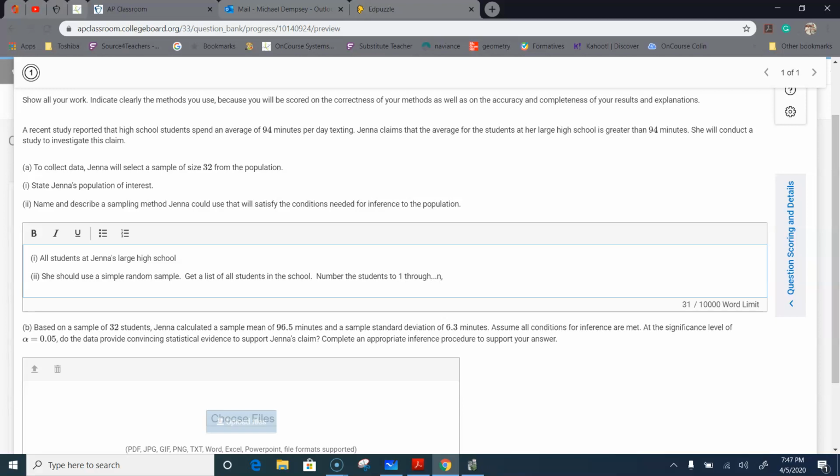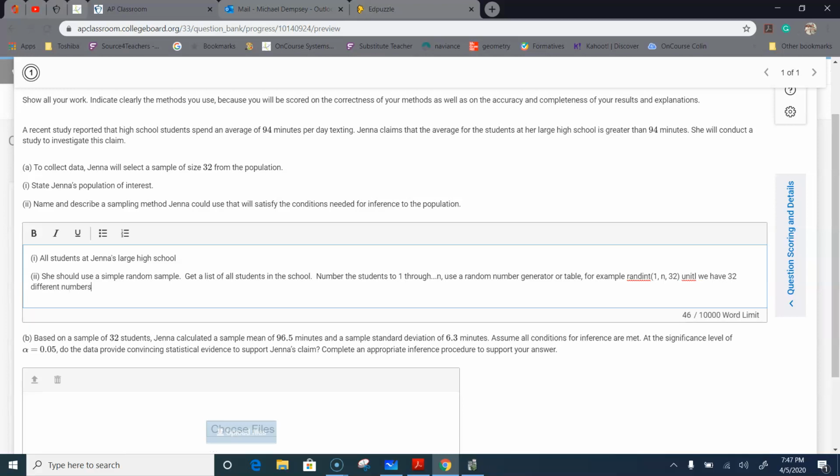Okay, we could use randint, or random number generator, until we have 32 different numbers.